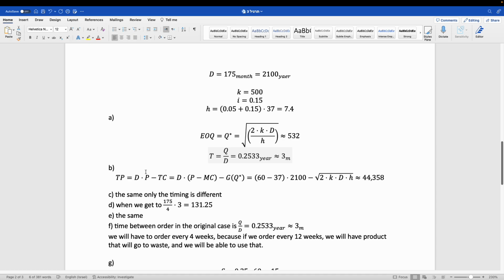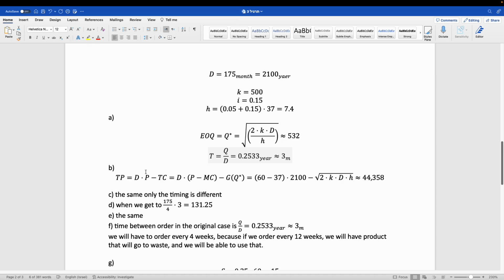This will change our profit quite a bit, because we will have to order only our weekly demand, which is 175 divided by 4, around 43.75 products per week.